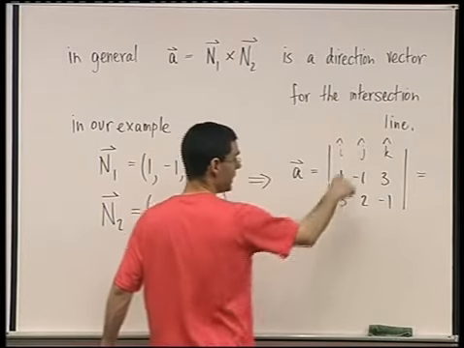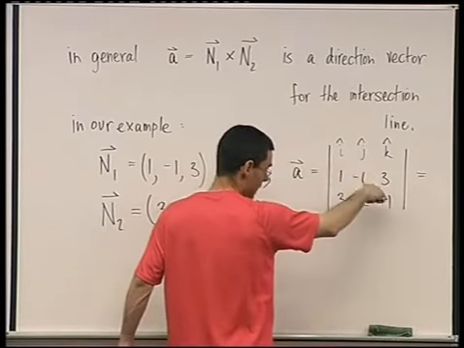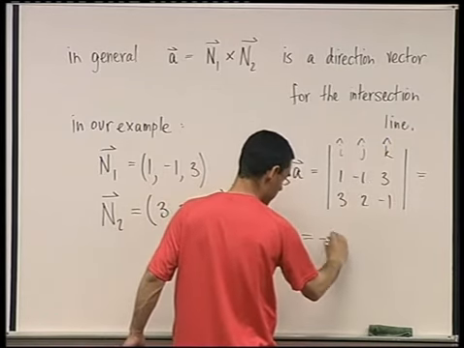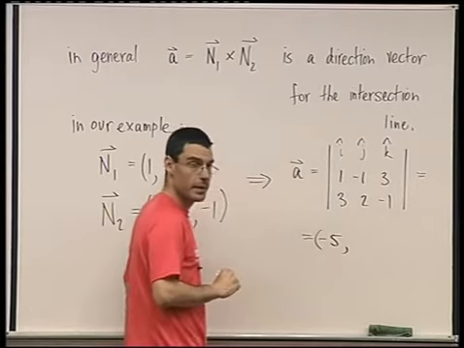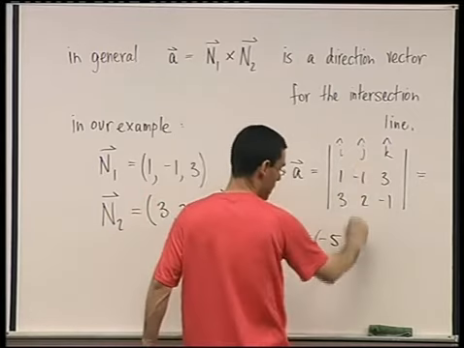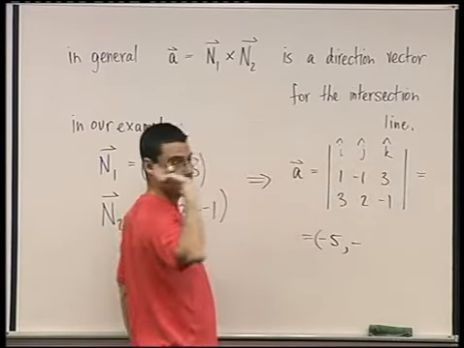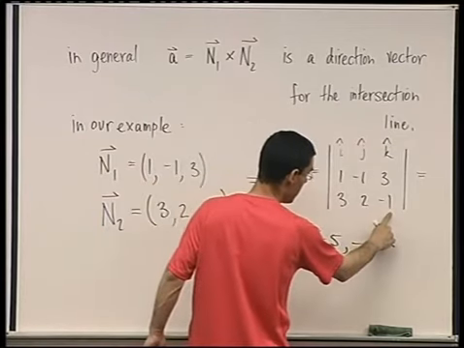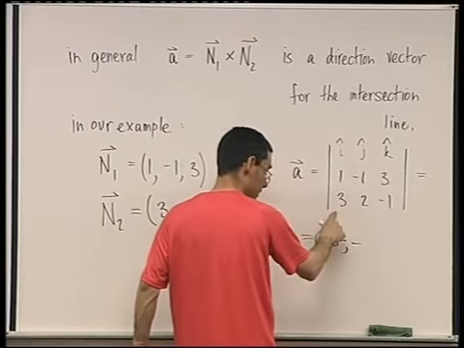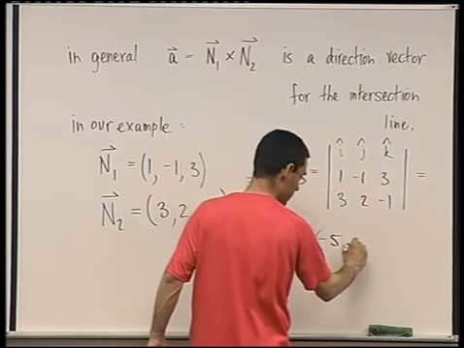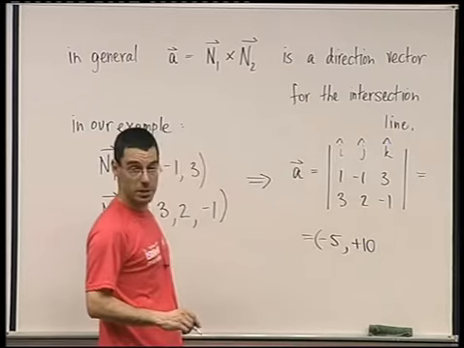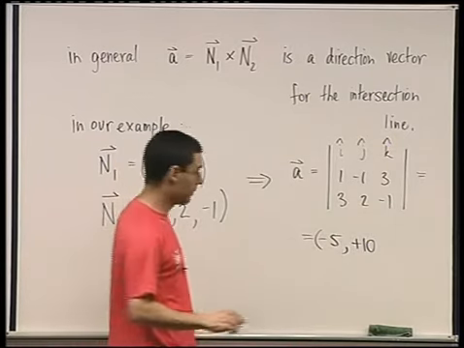And what do I get? In the I direction, I get 1 minus 6, -5. Do you agree? In the J direction, it starts with a negative before I calculate anything. And then I have -1 minus 9. So it's -10, but it's going to change into a plus 10 because of the minus that was there because of the J, right?